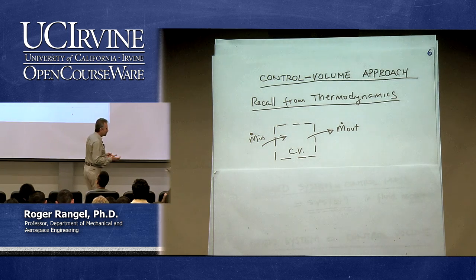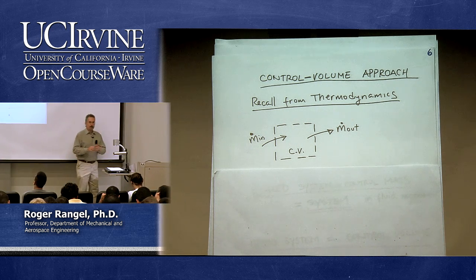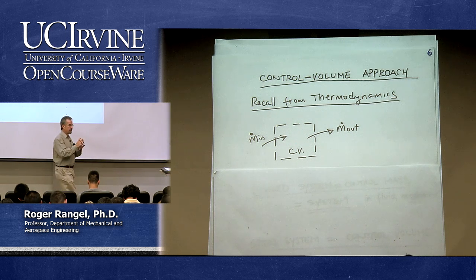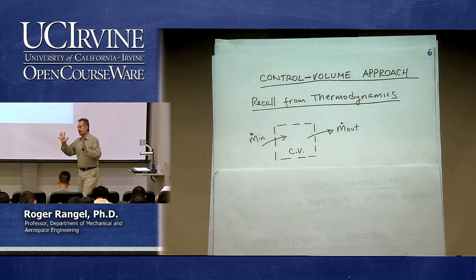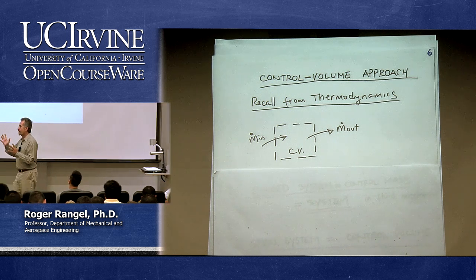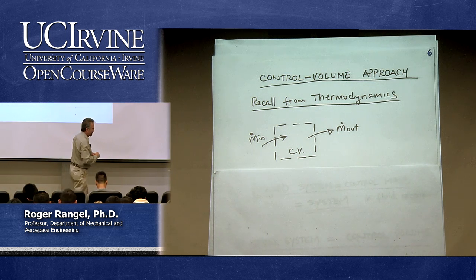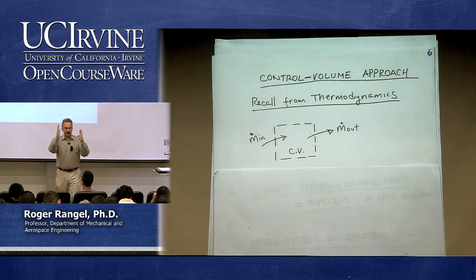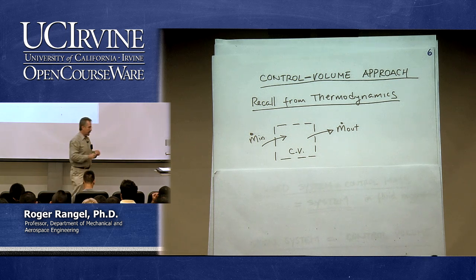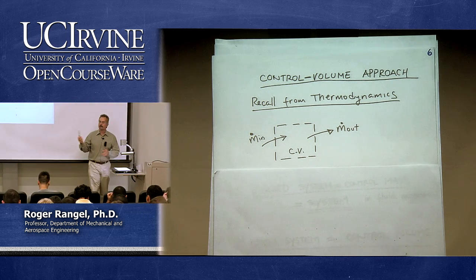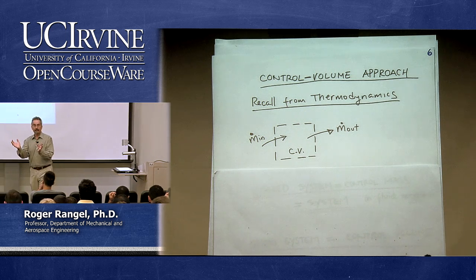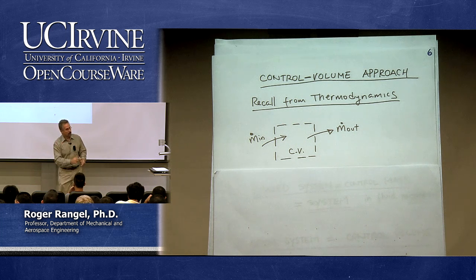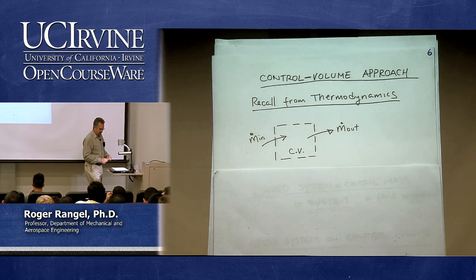The control volume approach simply means that we're going to be looking at flow problems, fluid mechanics problems, in which perhaps we can treat the entire region where the flow is occurring. Maybe it is a turbine, maybe it is a compressor, maybe it is a pump, in such a way that we can define a control volume. We need to look at fluid going into the control volume and fluid going out of the control volume, and then apply our conservation laws, conservation of mass and Newton's second law, to that control volume to get some quantities that we might be interested in getting.